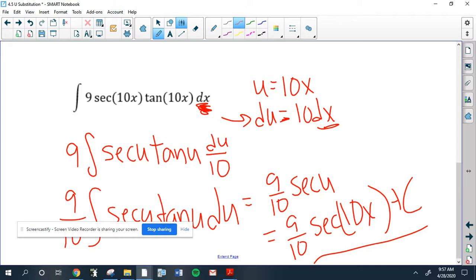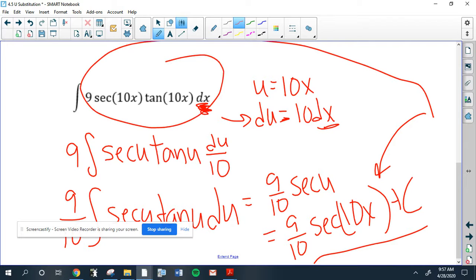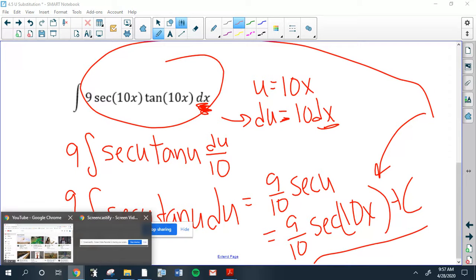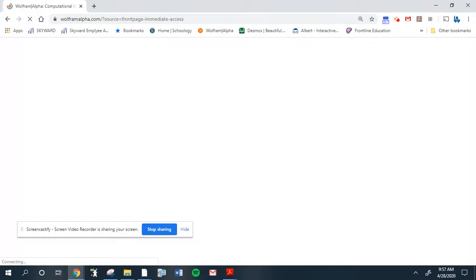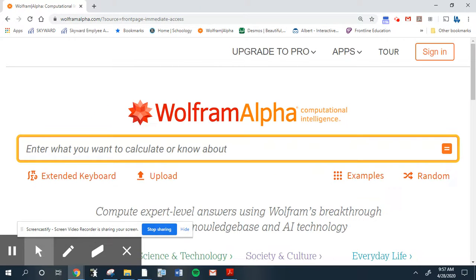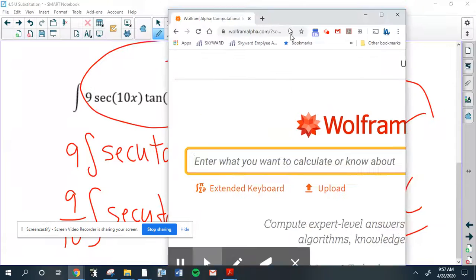Okay, so one last word on that. You can take the derivative of this. You have to use the chain rule to check, and you will get this. That's not bad practice if you want to try it. I'm going to go to Wolfram Alpha because there's a few things you have to be really careful about in Wolfram Alpha when you're checking trig. You remember those trig identities, and trig functions can be written in a lot of different ways.